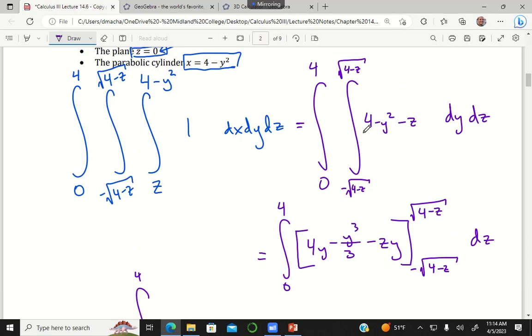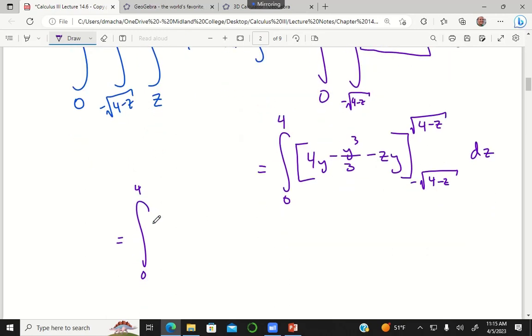So this here, my integrand, in terms of just y, since I'm integrating with respect to y, this is an even function, right? Because I've got the y squared, so that's even. And then I consider 4 and z to be just constants as long as I'm integrating with respect to y. So I've got an even integrand, and the bounds of my integral are negative and positive, the same number. And so that's going to be just double what I would get if I took the integral from 0 up to this square root of 4 minus z.